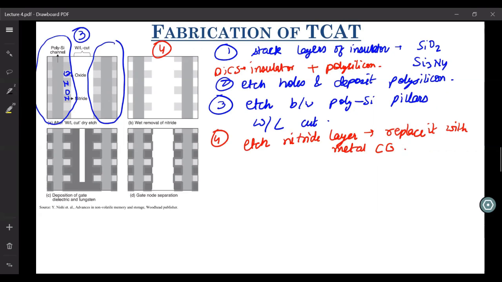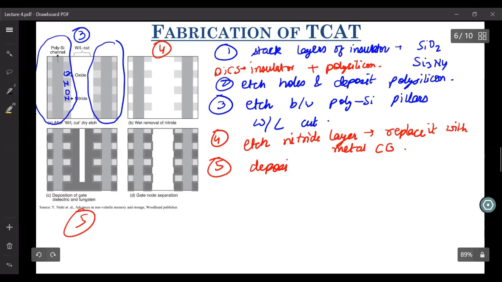This is your fourth process. Then in the fifth process, you deposit your metal control gate. And what are the metals that they use? They usually use tungsten. Even before deposition of the metal control gate, they'll deposit the ONO layer, right?